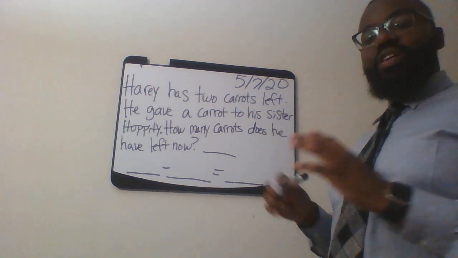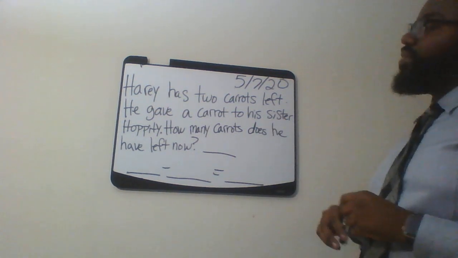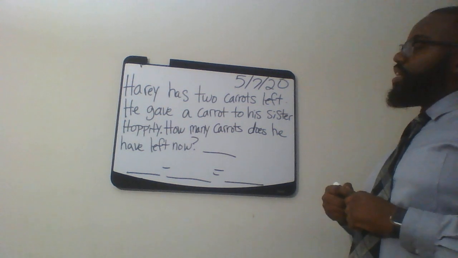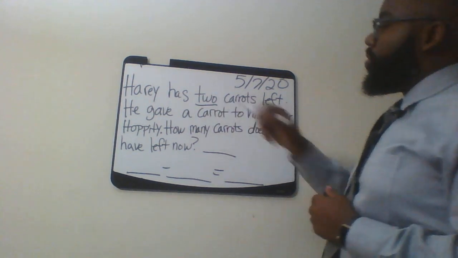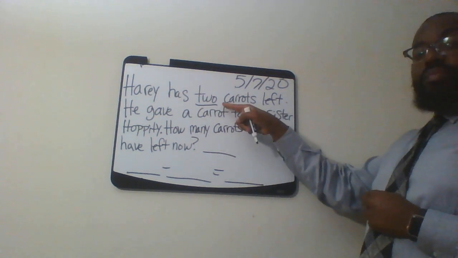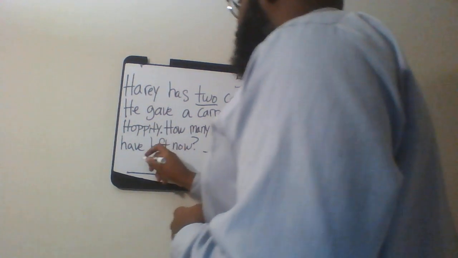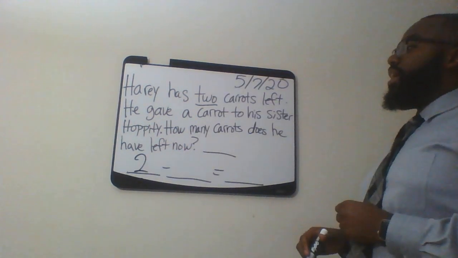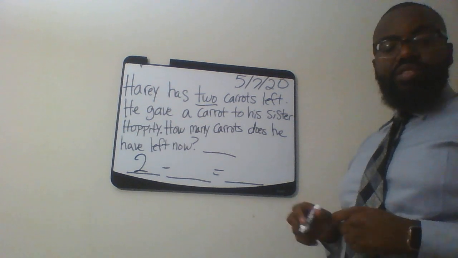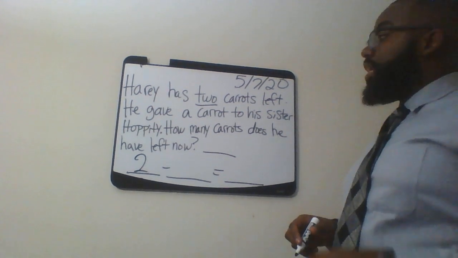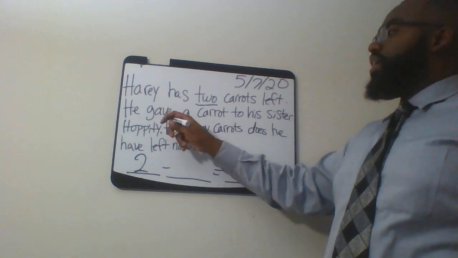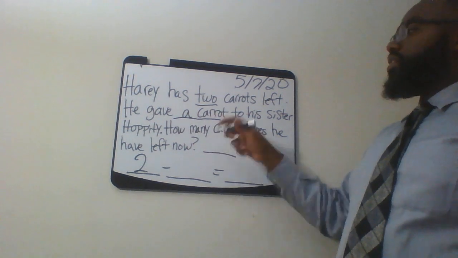So Harry's just giving out all his carrots. Let's get started. So Harry has 2 carrots left. Underline the word 2. That's a number word. And we're going to write 2 right here. Next, he gave a carrot to his sister, Hoppity. So we're going to underline that.